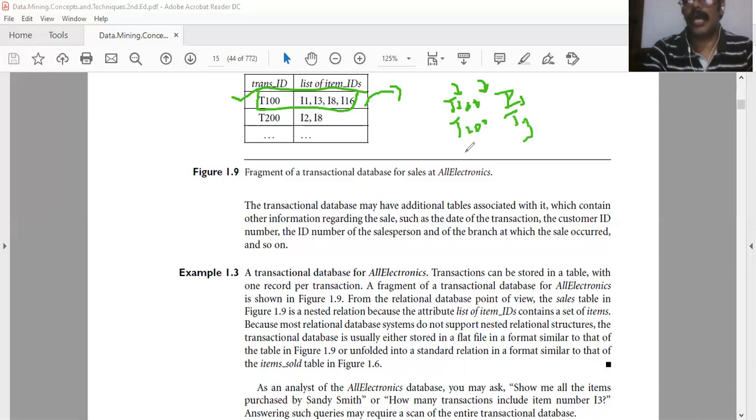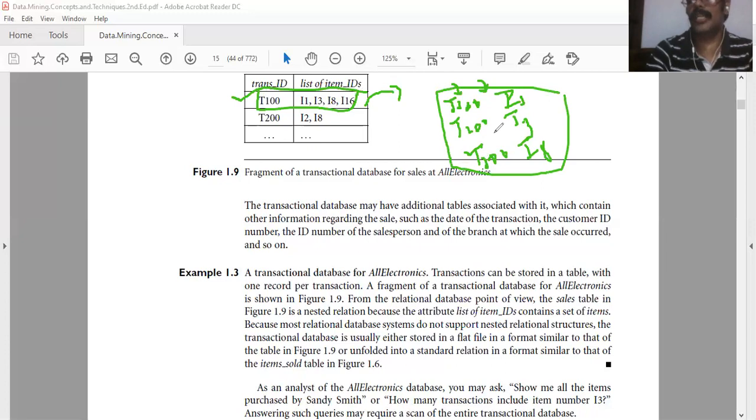Then T100, I8. So when we convert this transactional database into a relational table, we have two attributes: first, transaction ID, second, item ID.